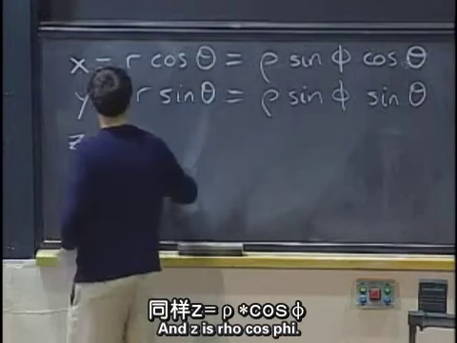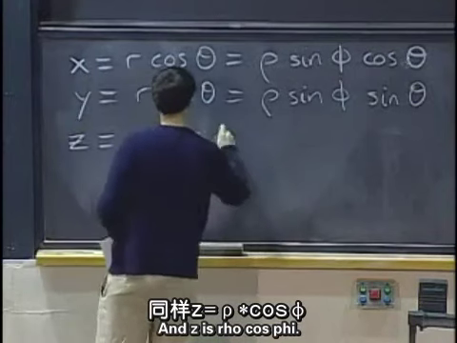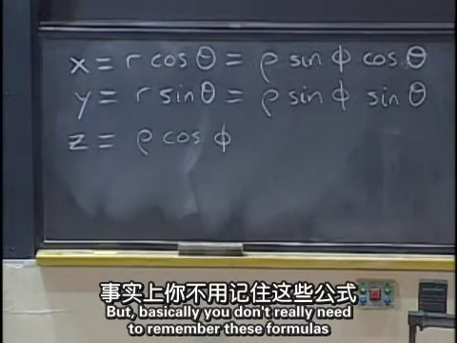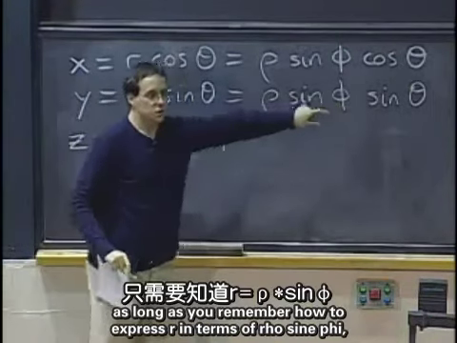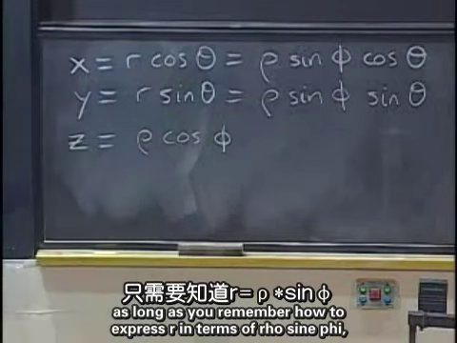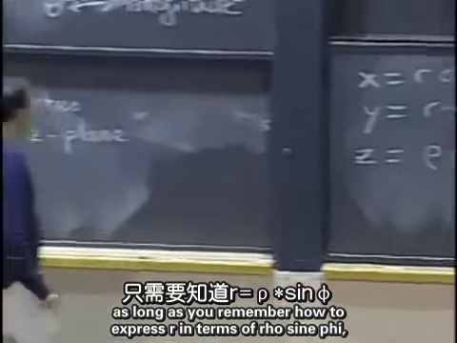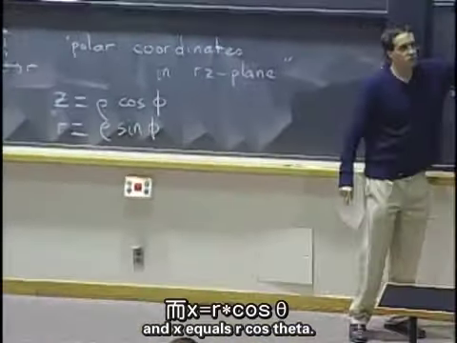And z is rho cos phi. But basically, you don't really need to remember these formulas as long as you remember how to express r in terms of rho sine phi and x equals r cos theta.